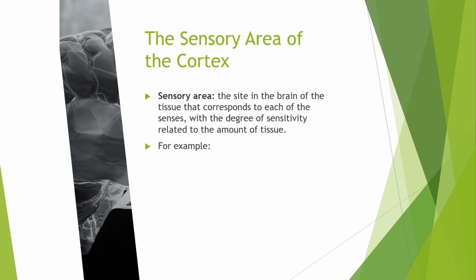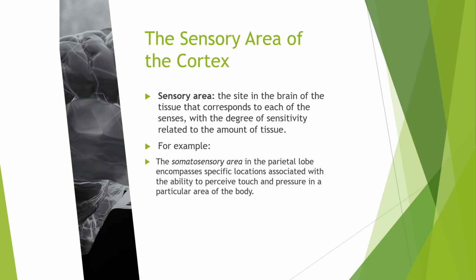So, for example, the somatosensory area in the parietal lobe encompasses specific locations associated with your ability to perceive touch and pressure in a particular area of the body. Whether it is your toes or your thighs or your calves or your forearm, whatever area it is, right? Whether it's touch and pressure to that specific area of the body.